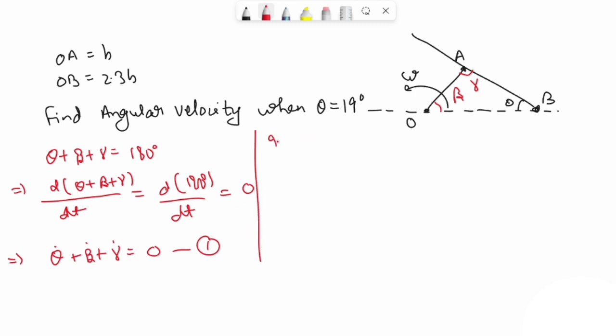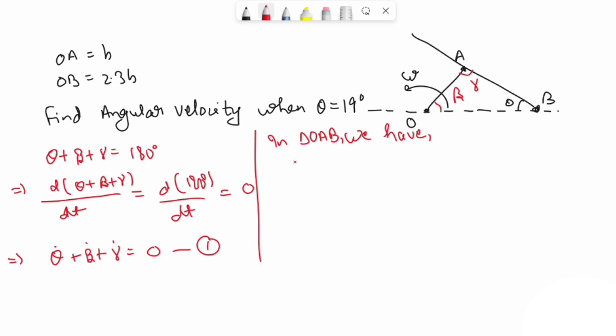Now let us proceed forward. Again in this triangle OAB, we have to use Lami's theorem.